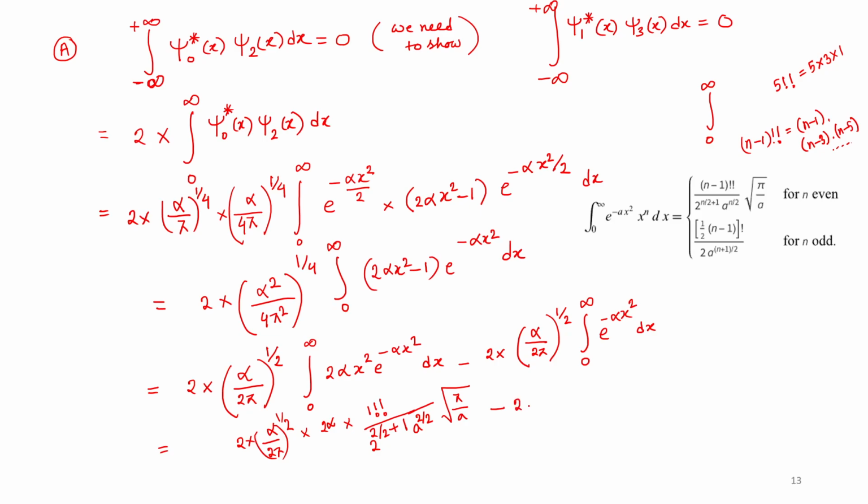What about the next part? 2 into alpha by 2 pi to the power half, here n is 0.